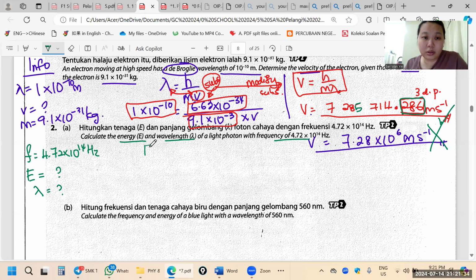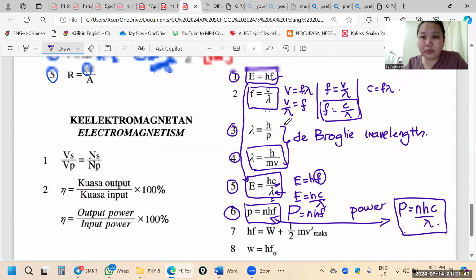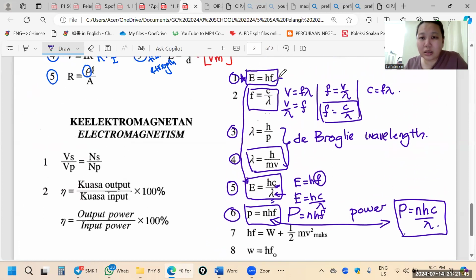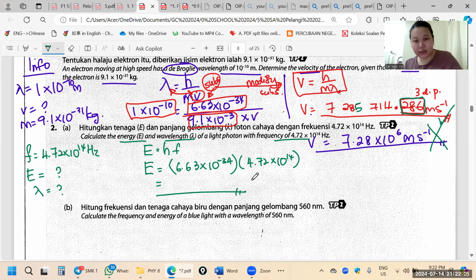So first we can use E equals whatever, and we choose from the formula. Channel number 1: E equals hf. So E equals Planck constant times frequency. Then we will get how much is it?